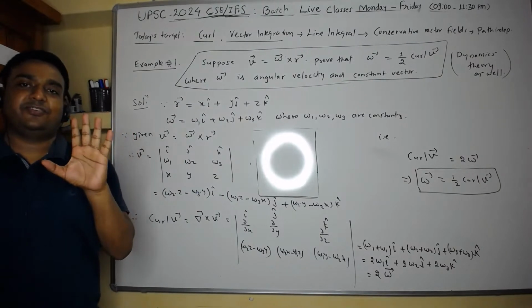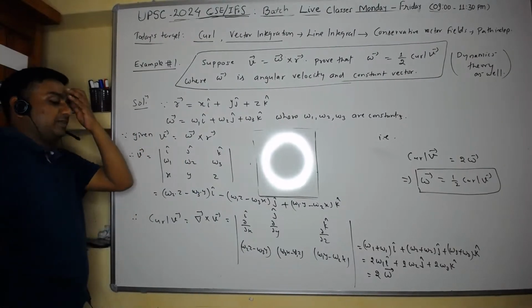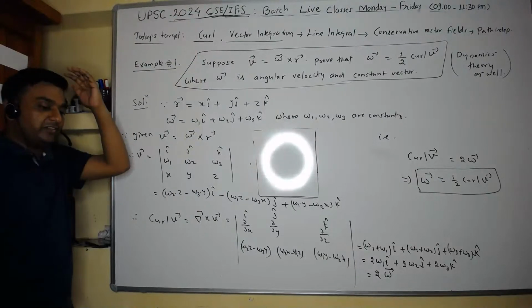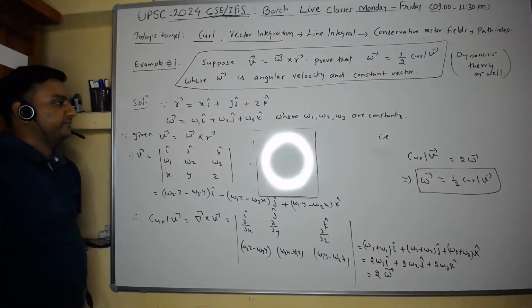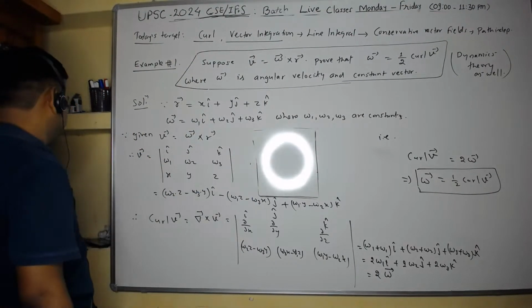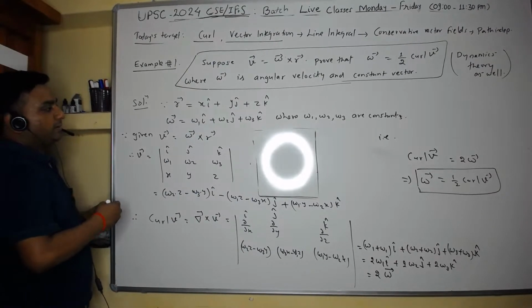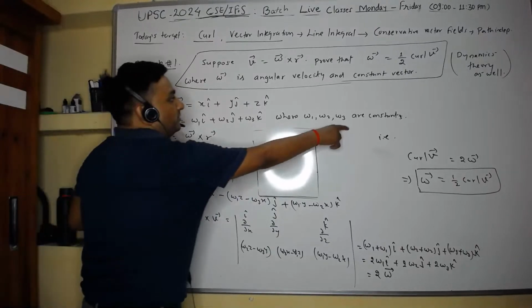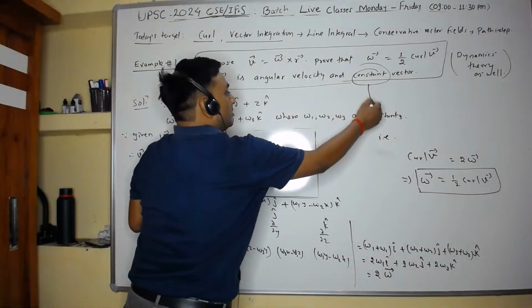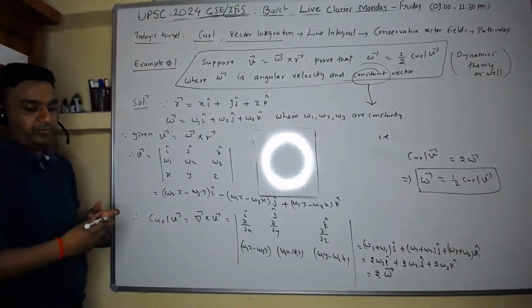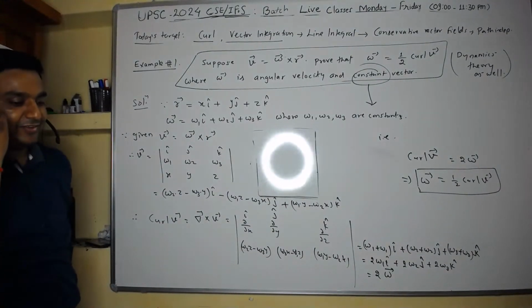My suggestion is for you. When you see questions in the exam, you will feel how conceptually clear you are. Please note down. And why have I taken these as constants? Because omega vector was given as a constant vector. Any doubt? Anyone? You can ask.